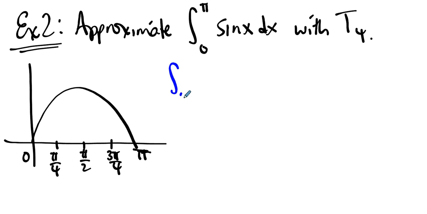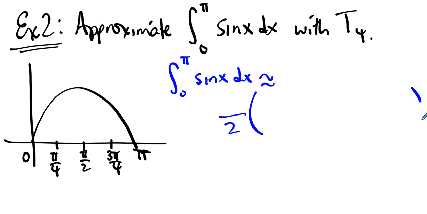And the integral from 0 to pi of sine x dx is approximately the change in x over 2 times y value, 2 of those, 2 of those, 2 of those, y value. The sine of 0 is 0. The sine of pi is 0. The sine of pi over 2 is 1. And then we've got to remember what the sine of pi over 4 is, what the sine of 3 pi over 4 is.